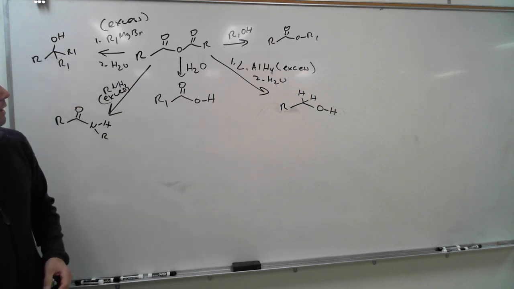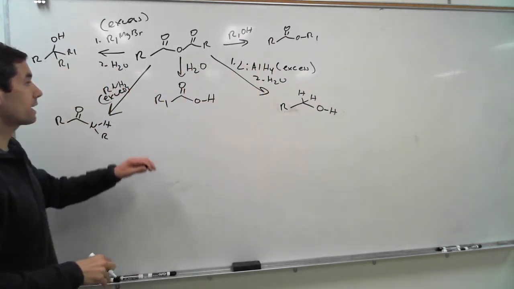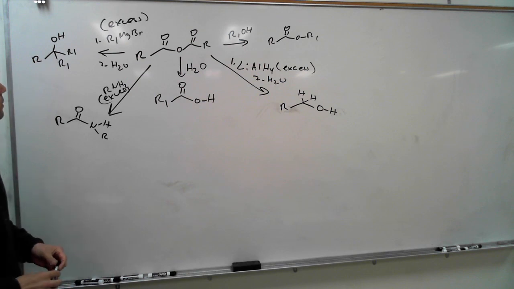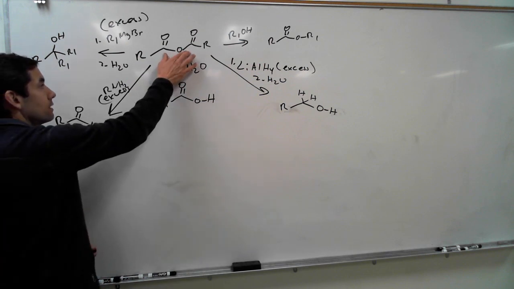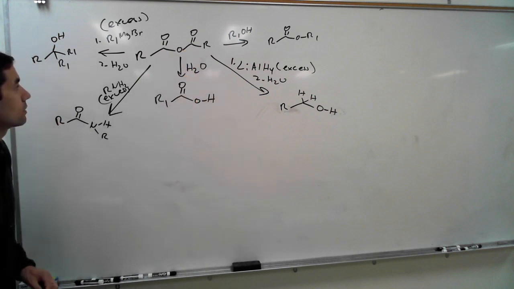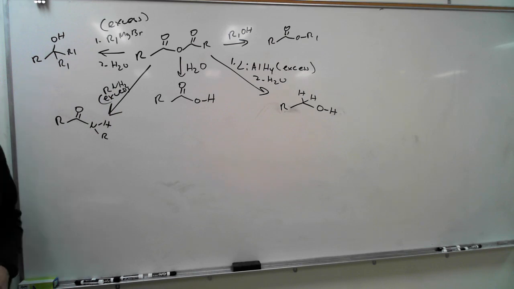What's important here is that we understand how they work, and all the mechanisms are very similar to each other, right? Very similar to the acid chloride mechanisms. Okay. And just understand the reaction products. Our acid anhydride with water, I can make a carboxylic acid. Okay. All similar, right? Thanks.